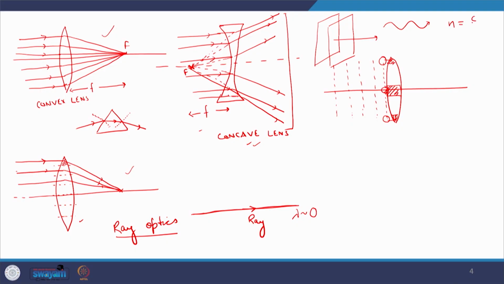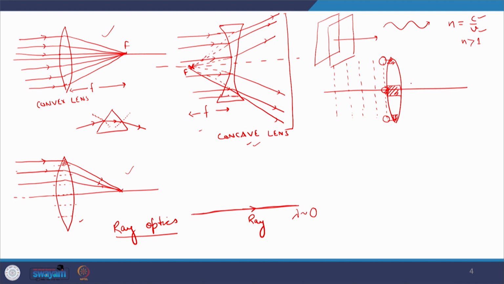Okay. And we know that the lens is kept in air and lens is made up of glass which has a refractive index which is larger than that of the air. Okay. You know that refractive index n is defined by c by v, yeah, where c is the speed of light in vacuum while v is the speed of light in the medium. Now, you know that n for the glass is larger than that of air.